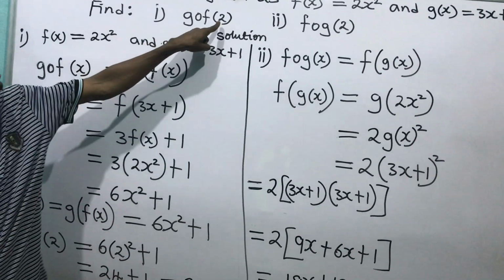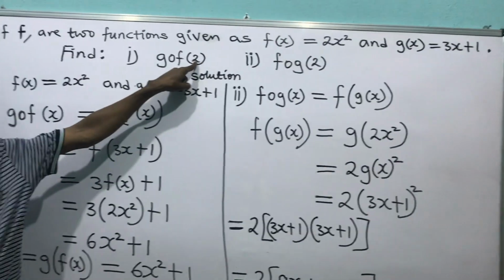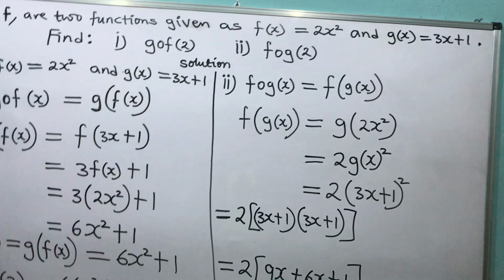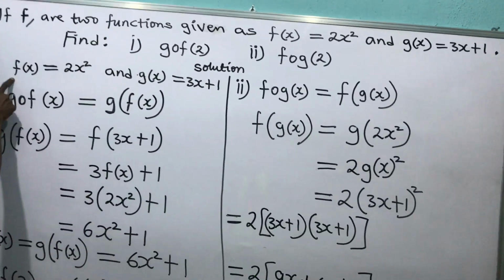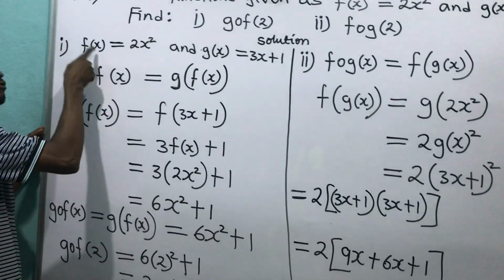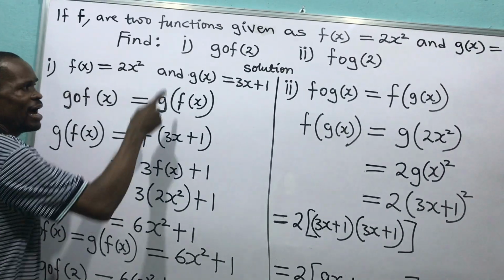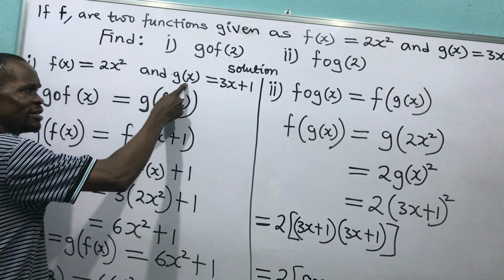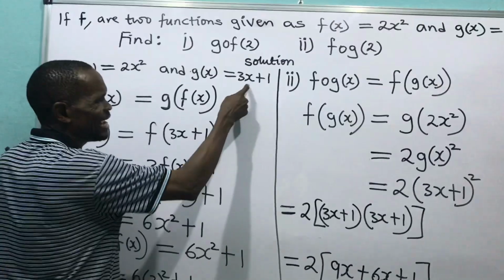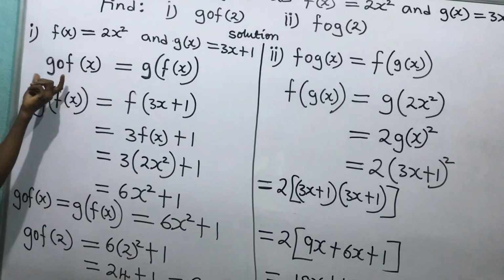Then they give me a value at the end to find. Then what will I do first? Look at the functions. The first function is f of x equals 2x squared, and g of x equals 3x plus 1.